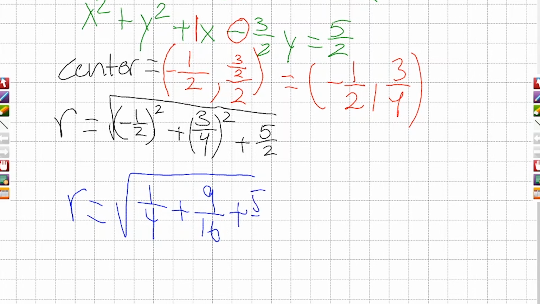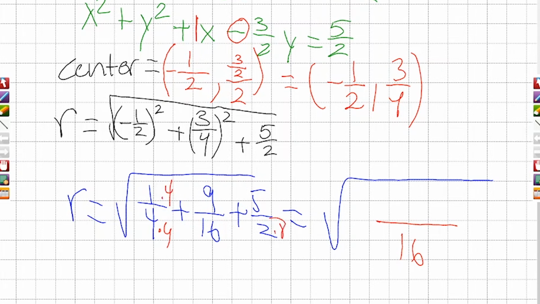We cannot add until we have the same denominator, right? What's my common denominator for all of them? 16. Thank you, 16, Safe said. Then multiply this by 4, this by 4, this by 8, this by 8. Then 4 plus 9 plus 40 is 53.